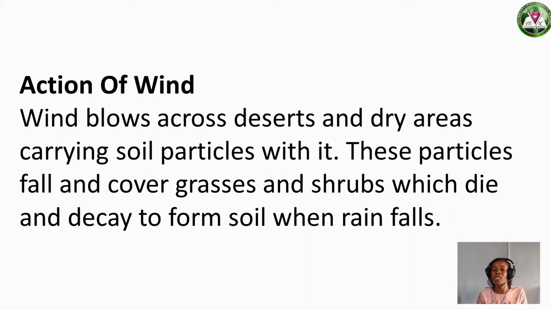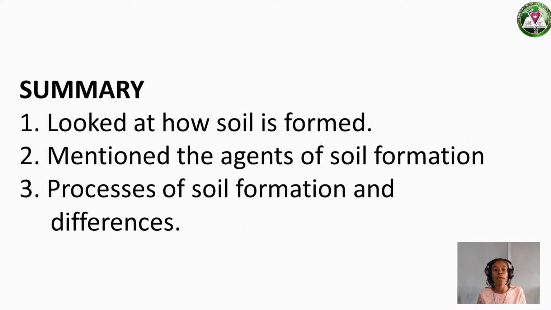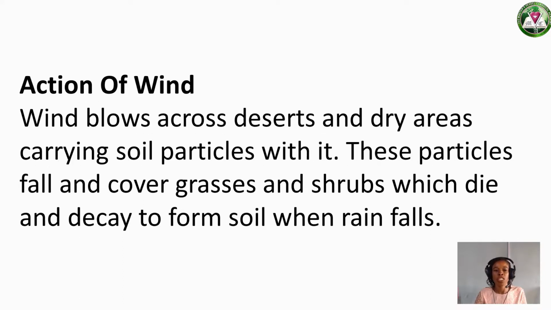Now, when it deposits it there and it's not taken out, it will decay and do what? Form soil. These particles form and cover grasses and shrubs which die. Once they die, they decay and form soil. When rain falls, rain plays a major role in almost all of them, because it helps them to decay.